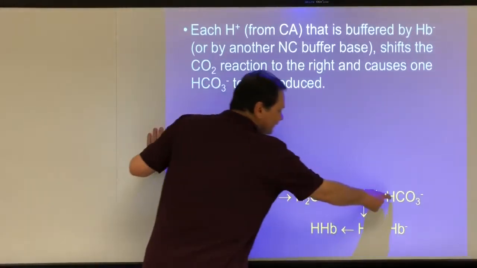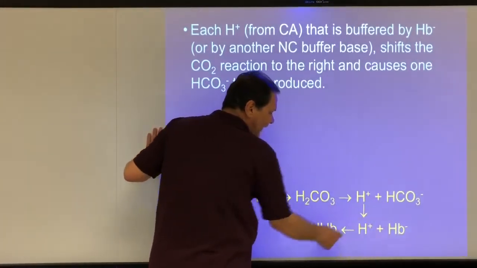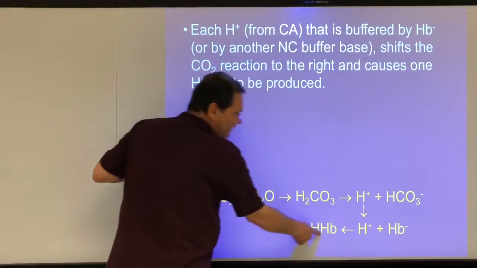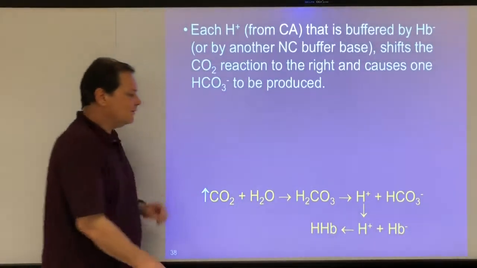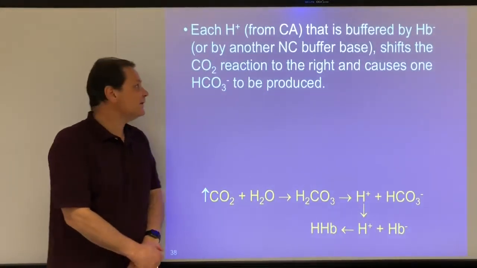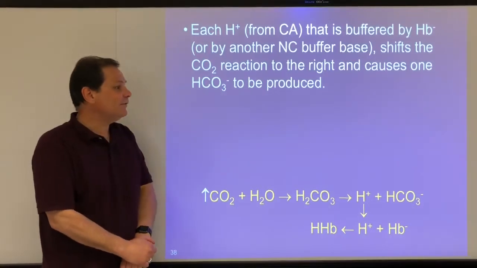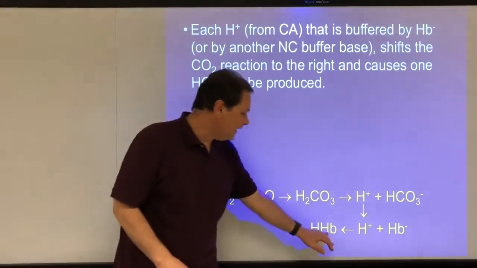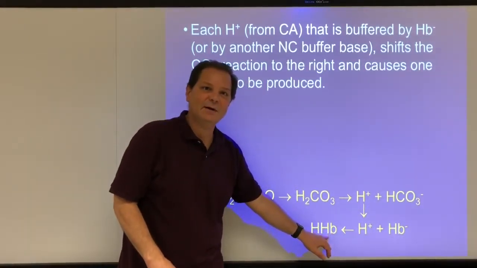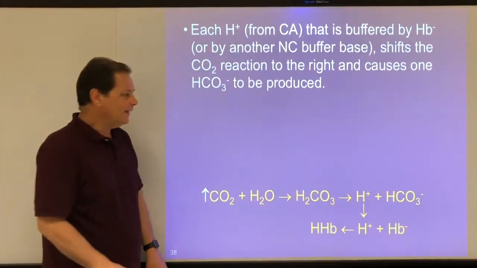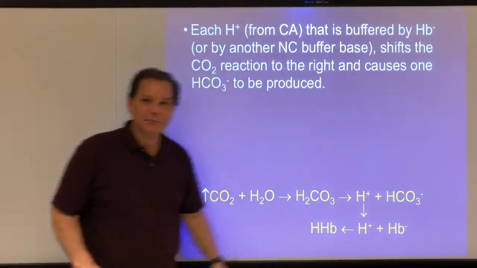So how much of this goes up depends upon how much hemoglobin binds to the hydrogen ions. So the real question is how much hydrogen ion is binding hemoglobin. And that will tell you how much bicarb you're producing.